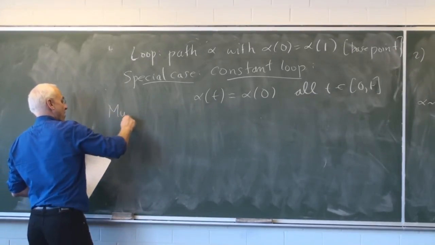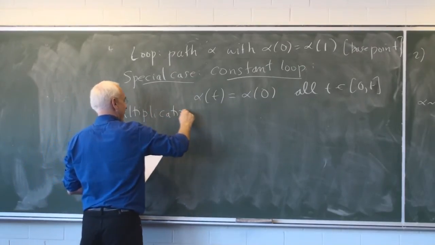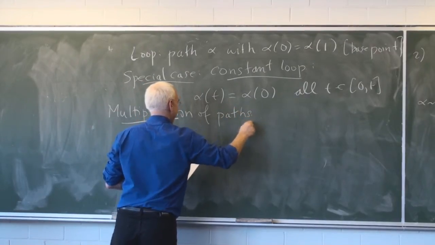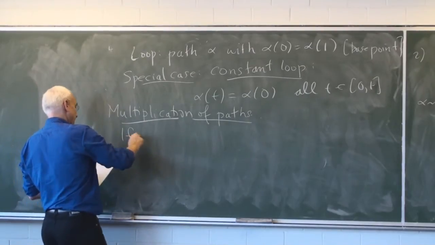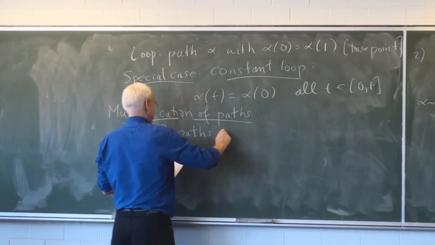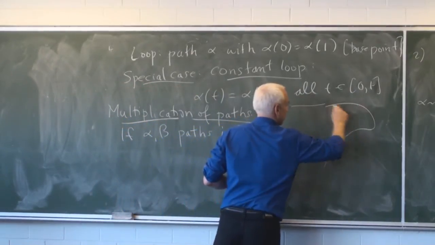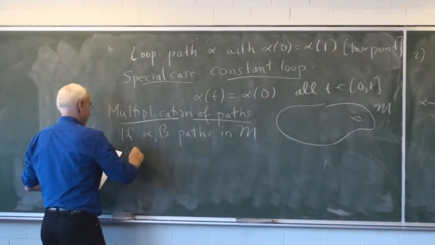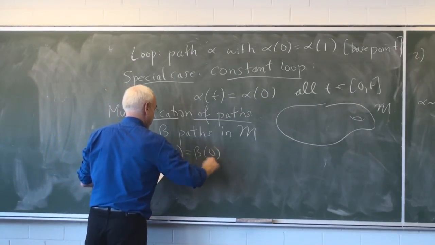So now we're going to describe how to multiply paths. All right, so if we have two paths which are related in an important way. So if alpha and beta are paths in M, M is a fixed surface, with the property that alpha of 1 equals beta of 0.